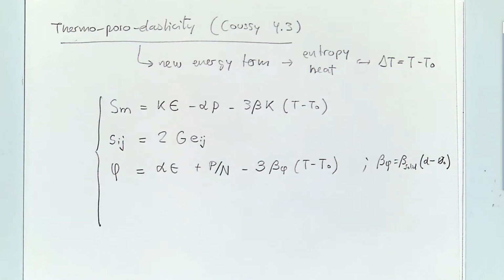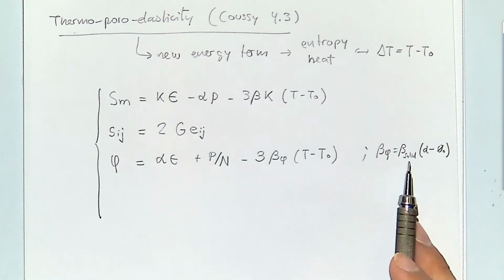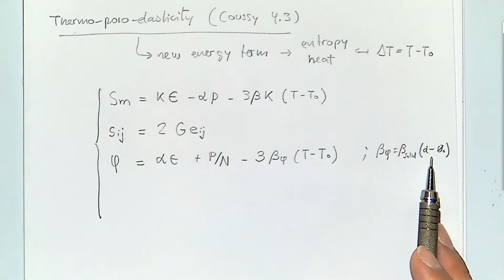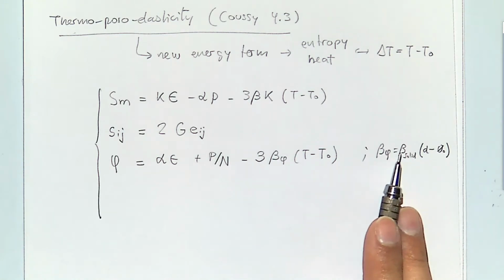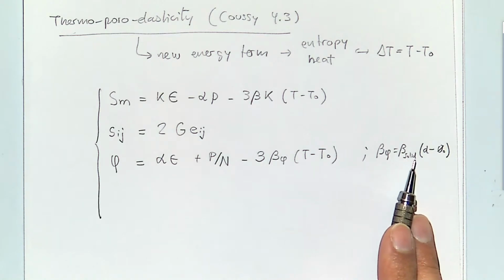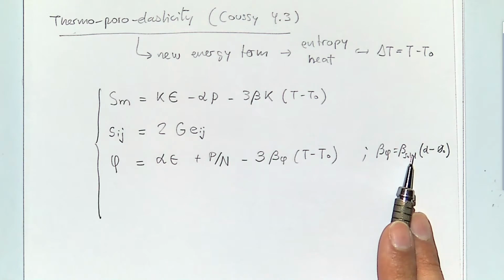So it's just a dilation coefficient, but it is somehow weighted by the solid part. So remember, alpha could be close to 1 minus initial porosity. That will tell you the contribution of the solid part to this coefficient beta.